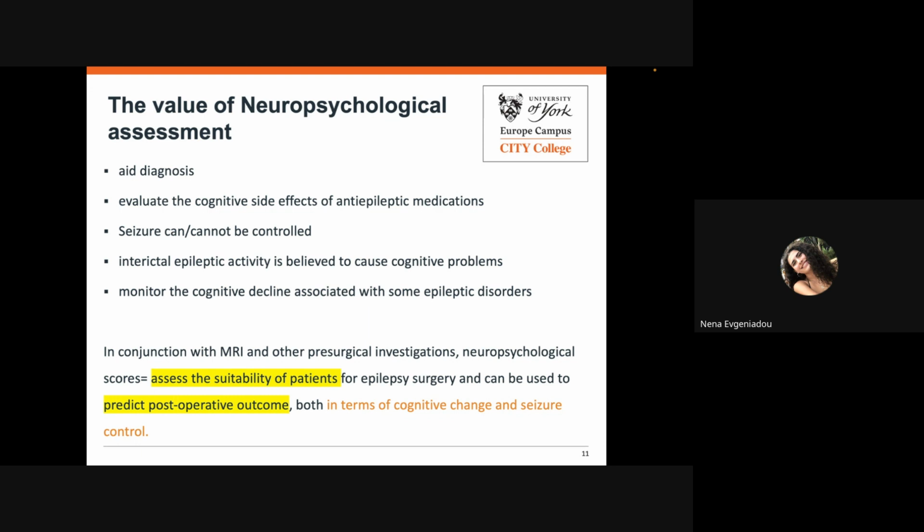So we are there to aid diagnosis, to evaluate cognitive side effects after medication, to see why seizures cannot be controlled, or if seizures are controlled, see if they can cause cognitive problems, and in conjunction with MRI, to assess the suitability of patients for surgery and predict post-operative outcomes.